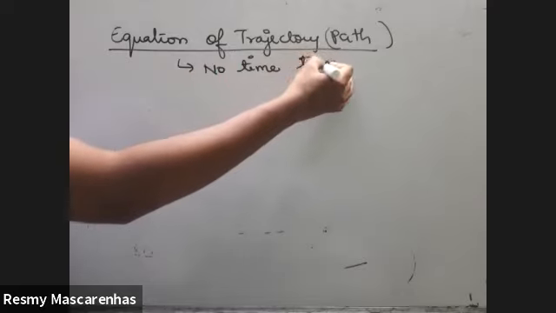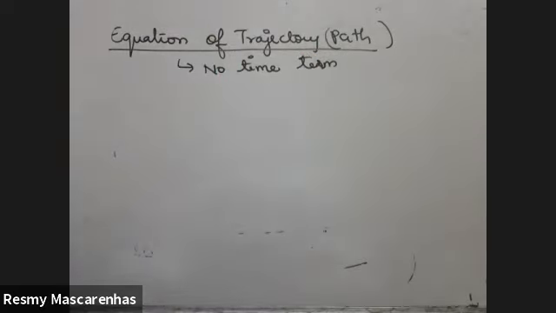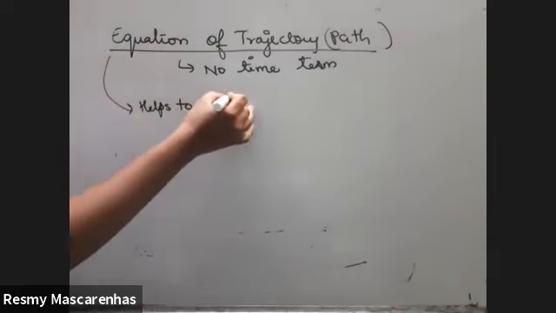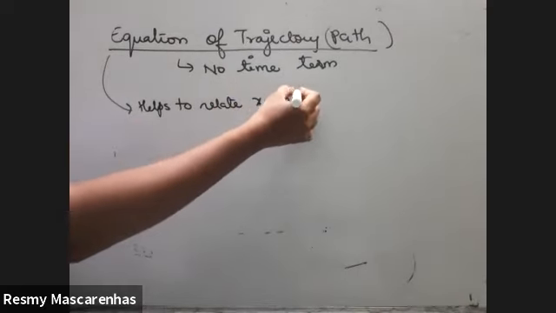The answer should not have any t left in it. So this trajectory path will always help you to relate x and y.